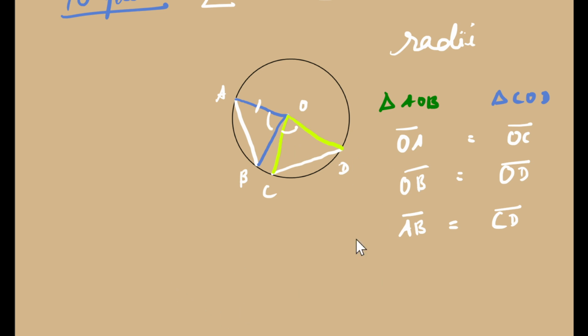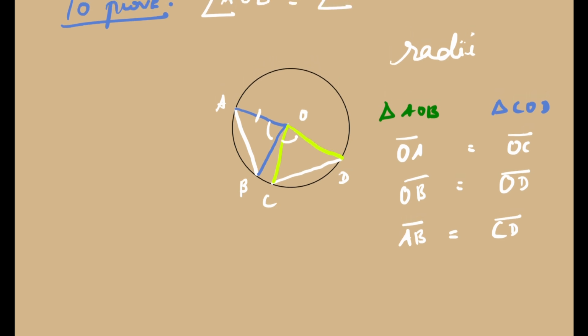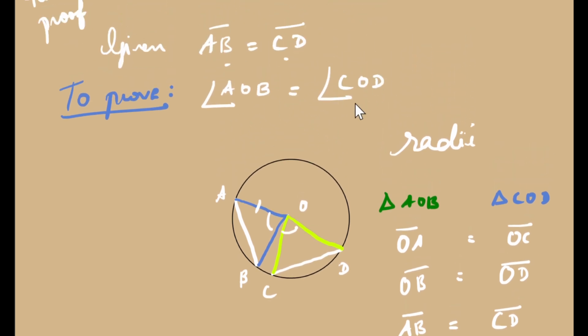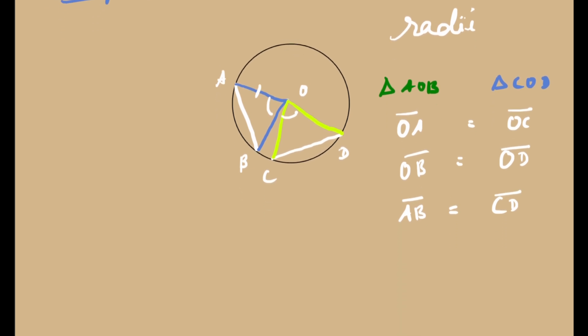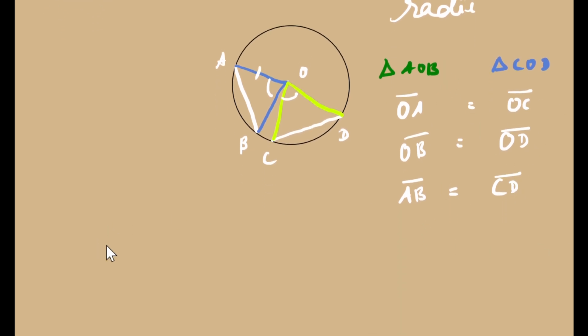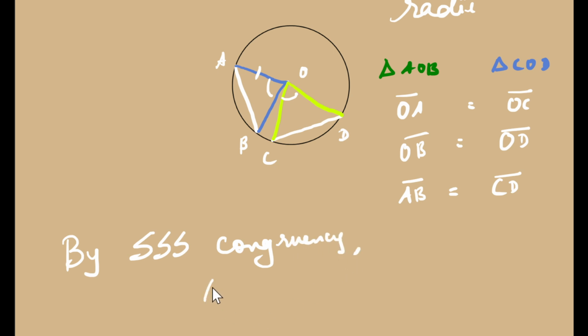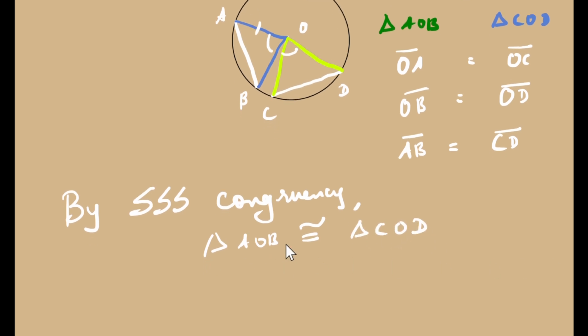So what does that mean? The angles are equal. The angles which we want to show are equal. Angle AOB is equal to angle COD automatically. So since the three sides are equal, we can say that by SSS congruency, triangle AOB is congruent to triangle COD, which implies that angle AOB is equal to angle COD.